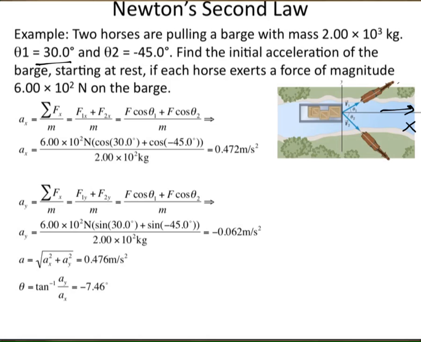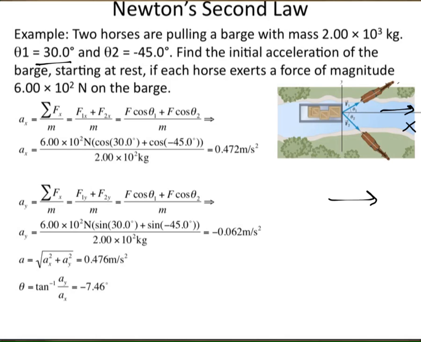First of all, you will find the x component of the acceleration by adding the x components of the force. And you will find similarly the y component by only considering the y components of the forces applied by the horses. So let's do the first part. The x components of the forces will be in the same direction because they are pulling toward the positive x-axis anyway.